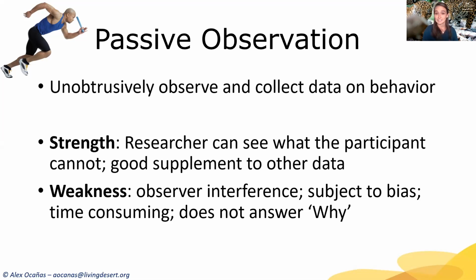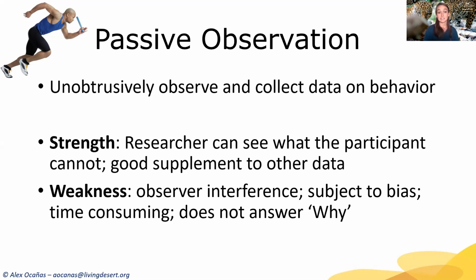So if you were to ask them to describe features of the environment that encourage them to act a certain way, they might not be able to, because they might not have even been aware of what was going on. But as an observer, you can see it.